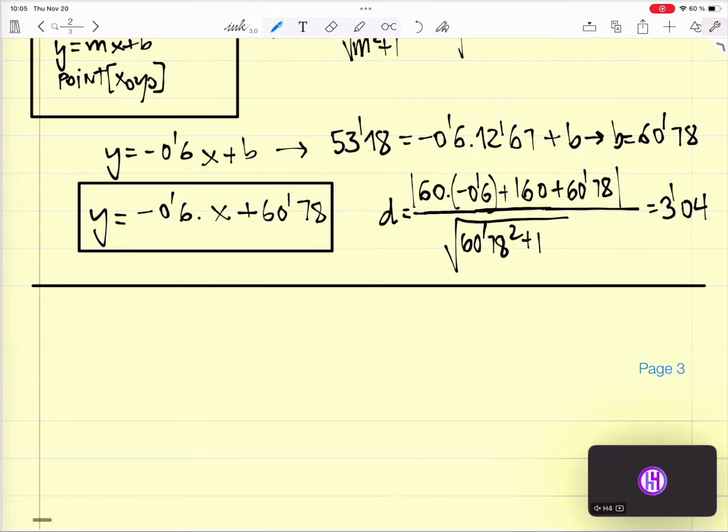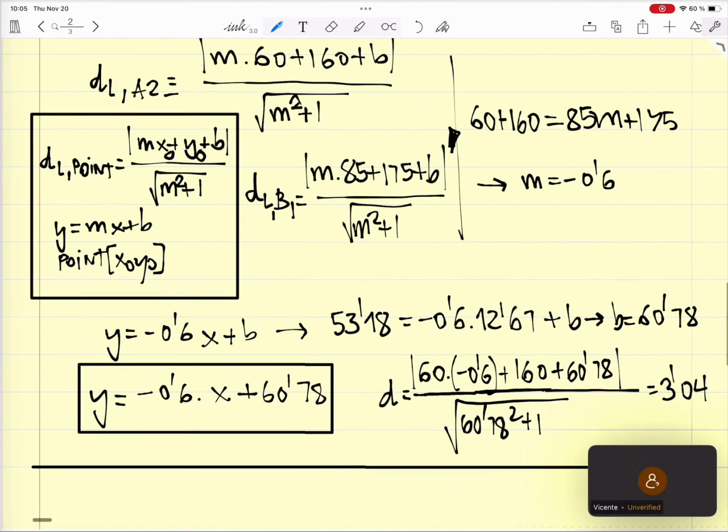Yeah, there's a question. You're right. Yeah. You're correct. It should be 0.6 square. This is not correct. Let me do it again.